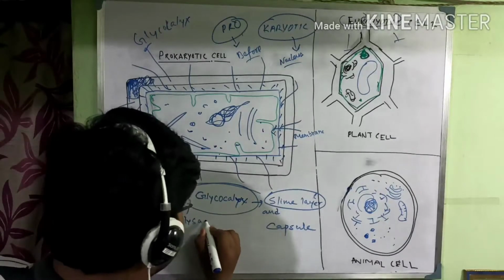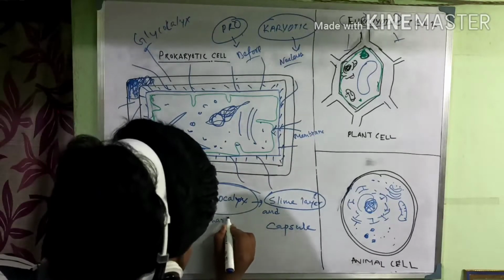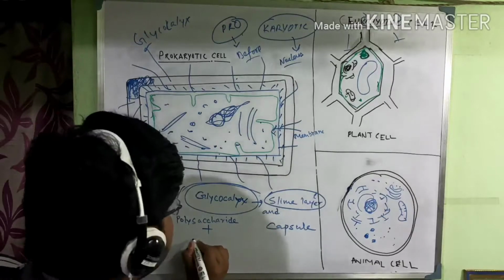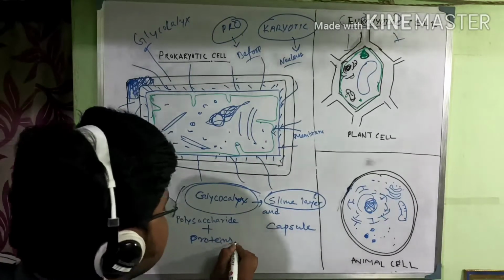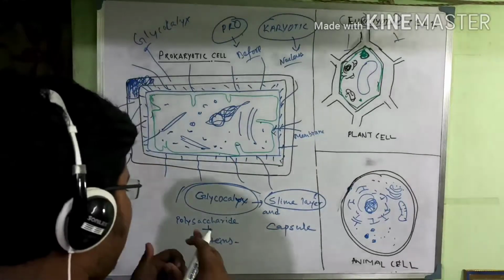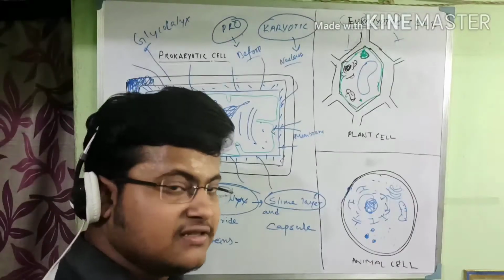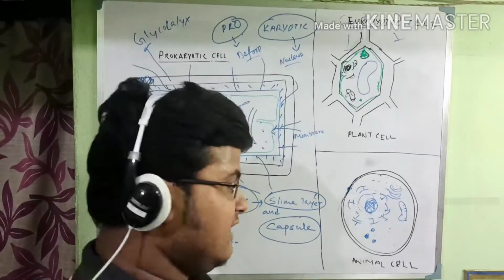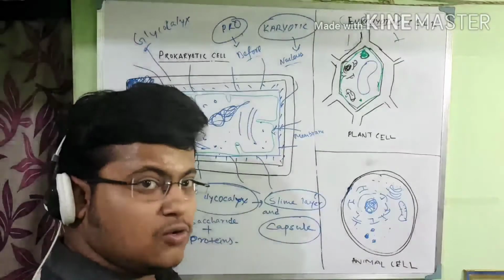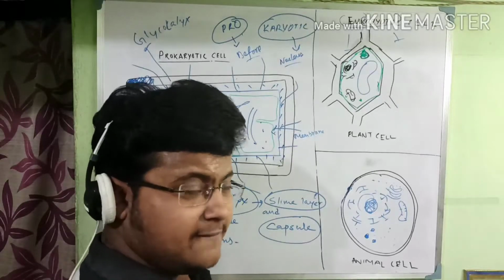polysaccharide plus proteins, when combined, are known as the capsule. What is the job of the glycocalyx layer?